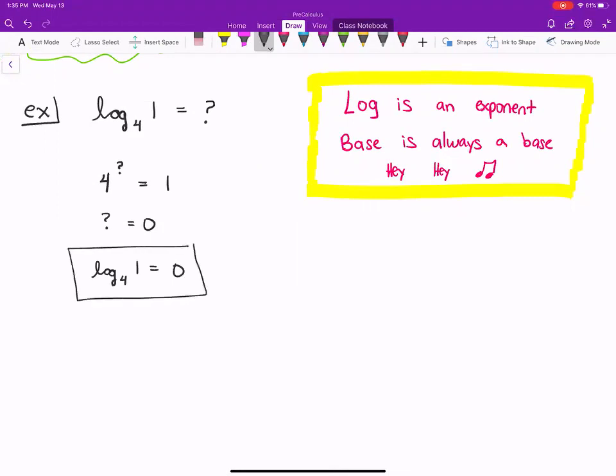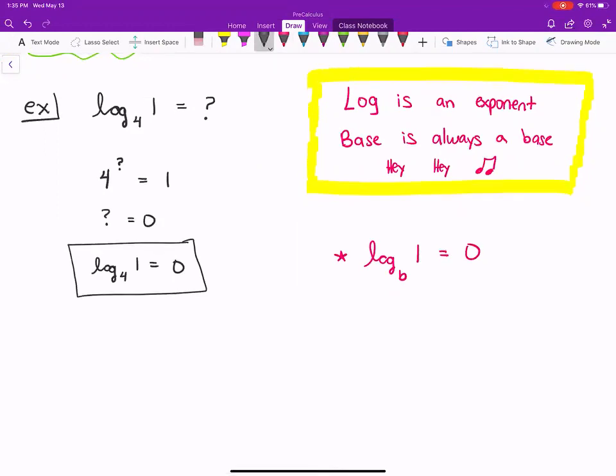And so that's actually a property, that a log of any base of 1 will always be equal to 0. So that's one property. Okay, but you could answer things like, what is the log with a base of the square root of 7 of the square root of 7?